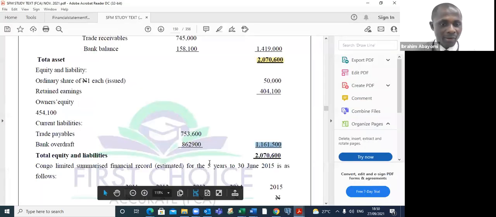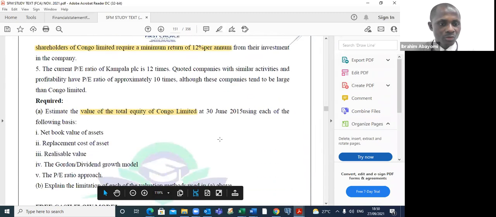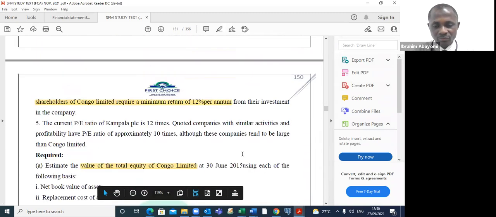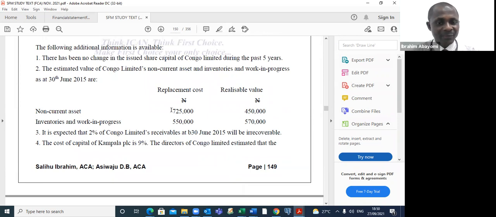So the second one is what? We are asked to use replacement cost. Our non-current assets have a replacement cost of this.